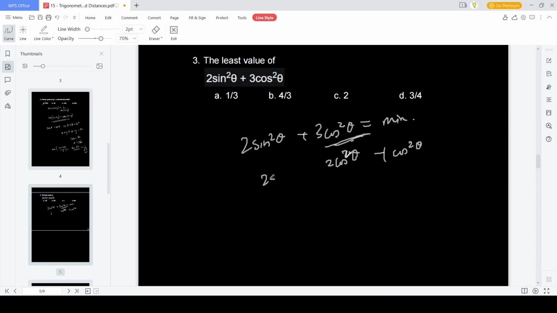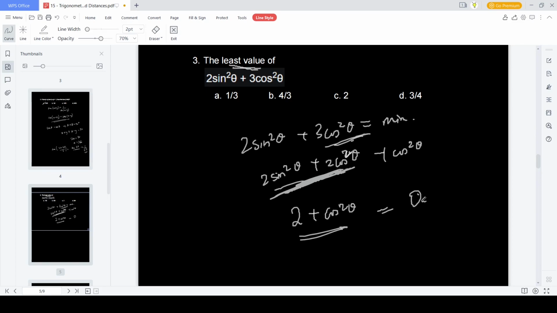And 2 sine square theta is there here. 2 sine square plus 2 cos square is how much? 2, because sine square plus cos square is 1. 2 plus cos square theta is now what we need to find the least value of. What is the least value of cos square? It can only be 0. The least value is 0, because a square of any number cannot be negative, hence 2 will be the minimum value. That's the answer.